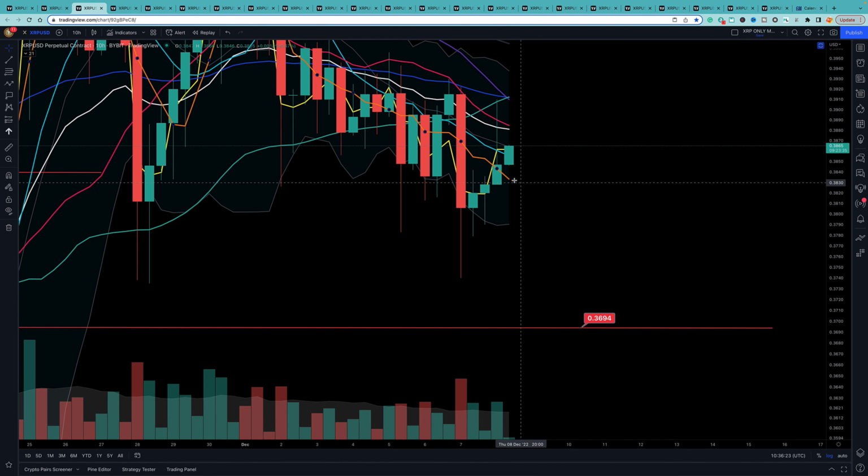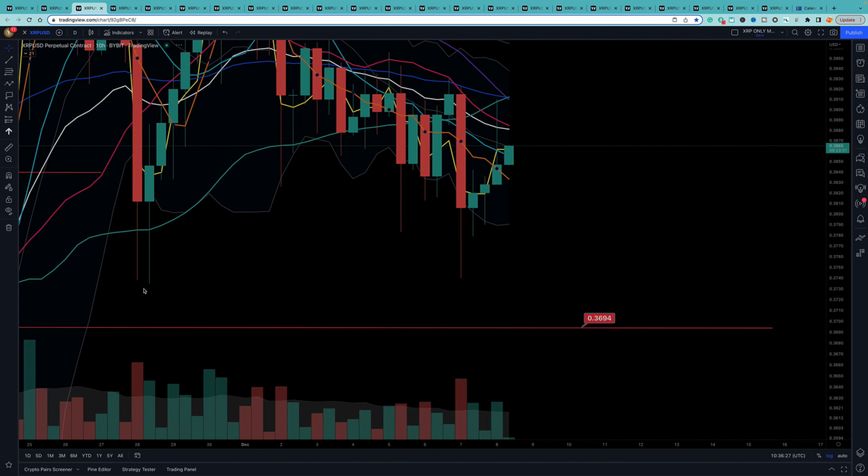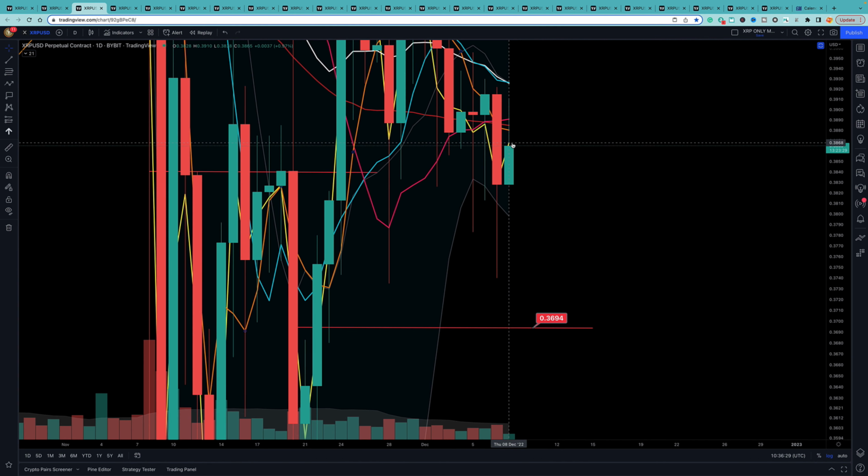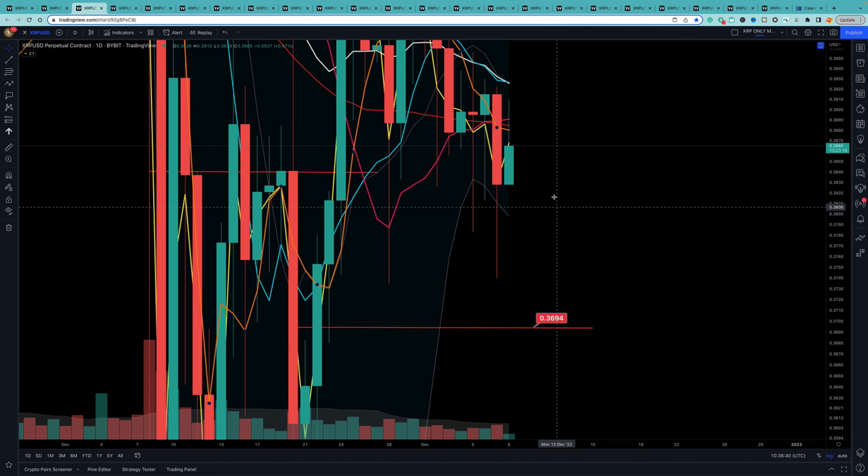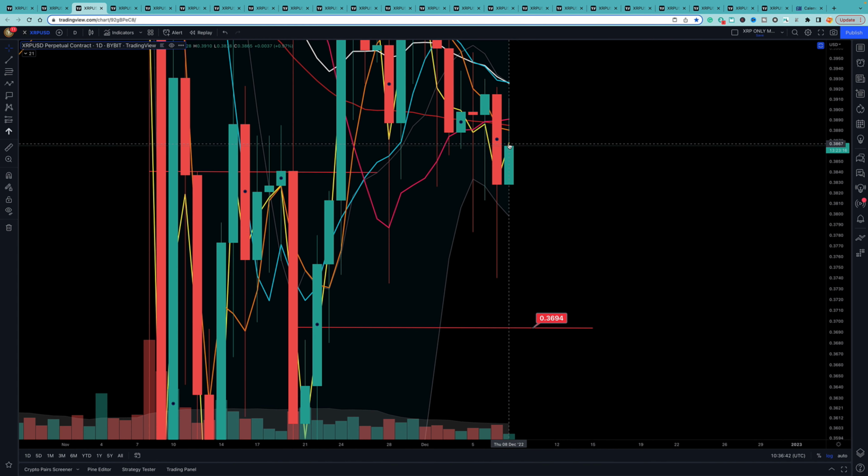It is going to be a challenge for price action to break here, because on the daily, you can see the VWAP on the daily is at 38.68, but you can see how the price action keeps pulling down here. There's a lot of pressure to turn here.